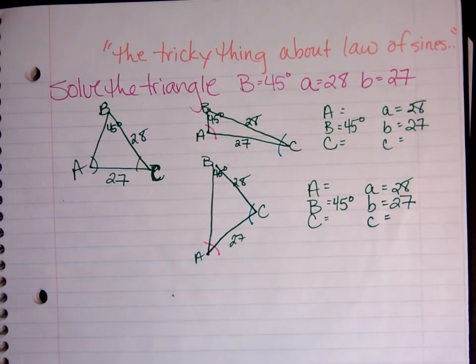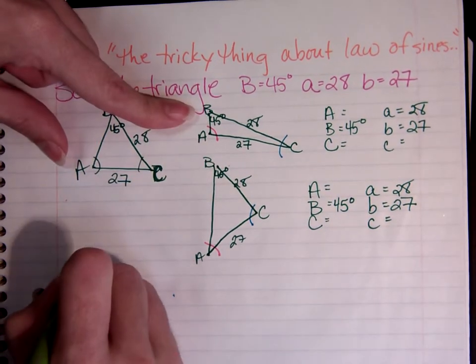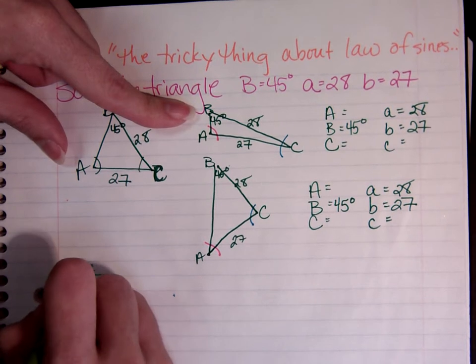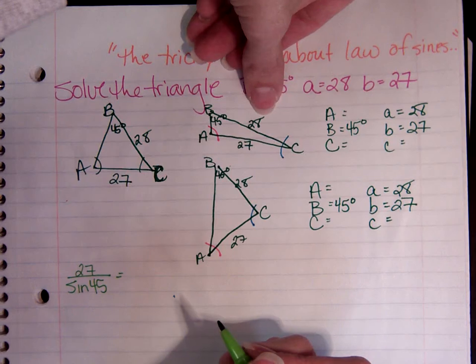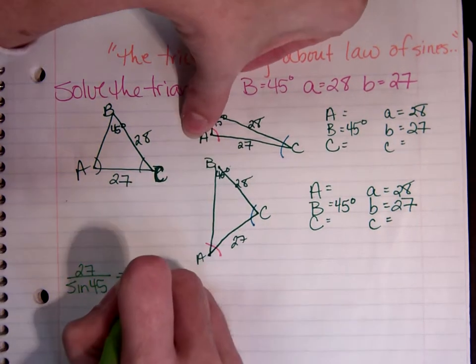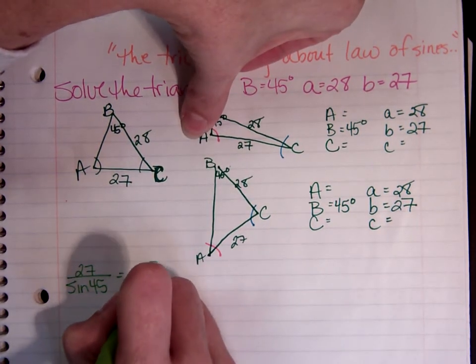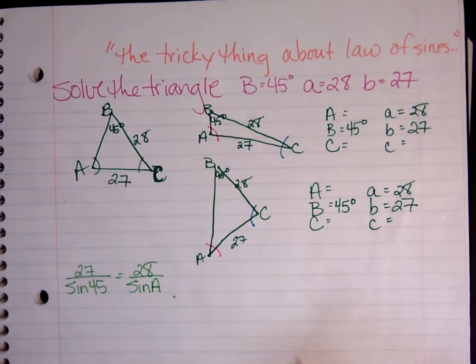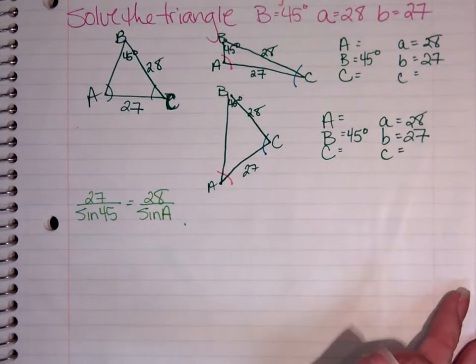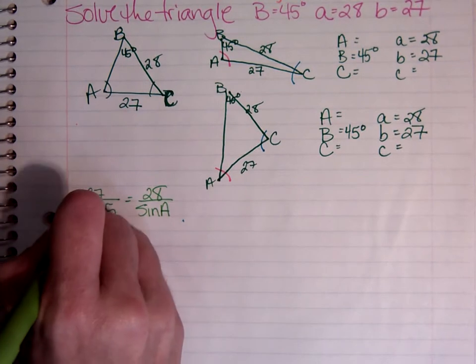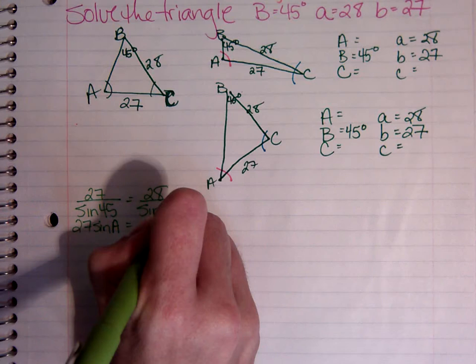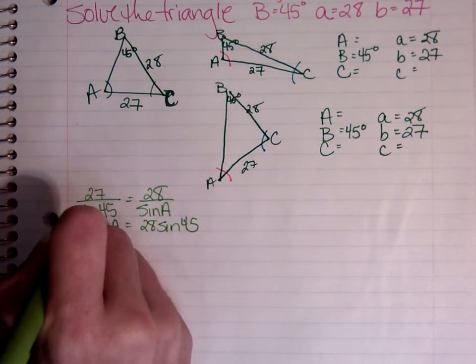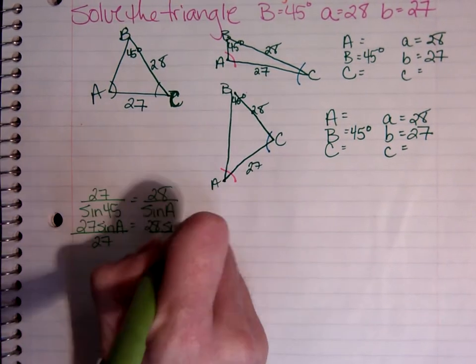Let's look. We're going to set up law of sines just like we normally would. 27 over the sine of 45 is equal to, I have 28, we're finding angle A first, 28 over the sine of A. When we solve, divide by 27.